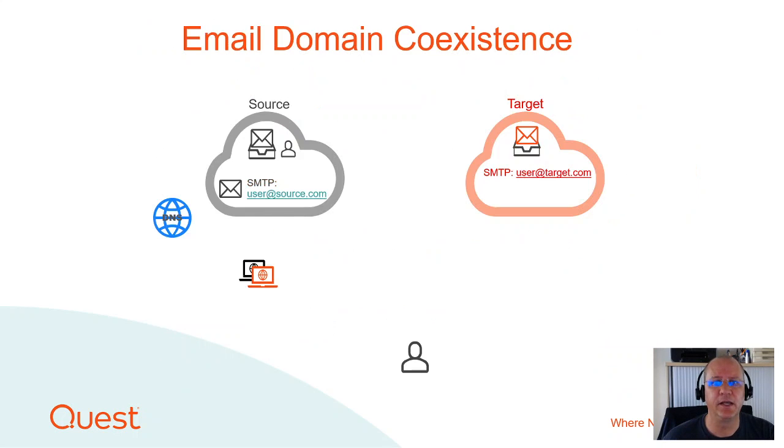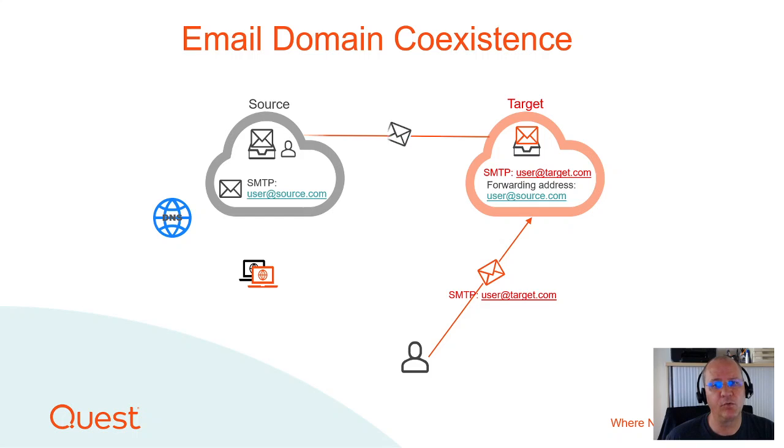The email rewrite is easy to explain in this slide here, where I'm the user sitting on the outside. I send a mail to a user at target.com. That target.com email realizes the user is actually sitting in source, and will forward it across to source where the user can then read it.